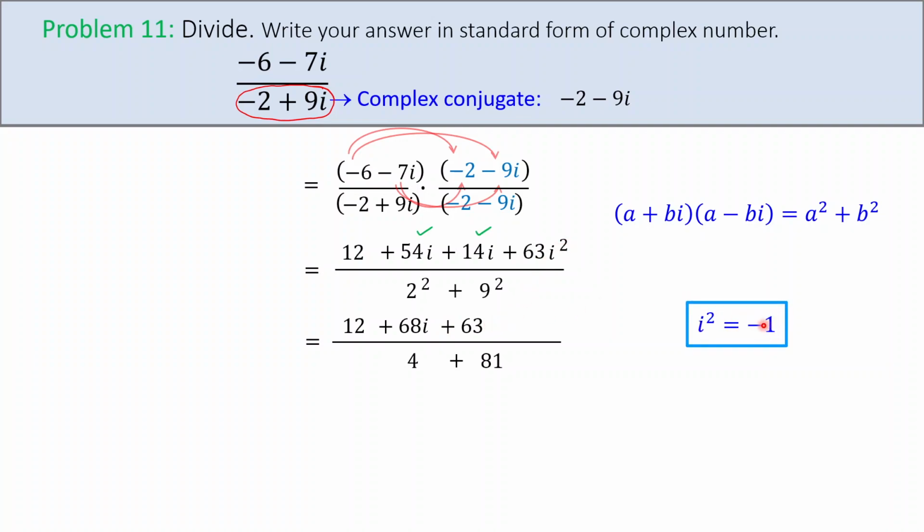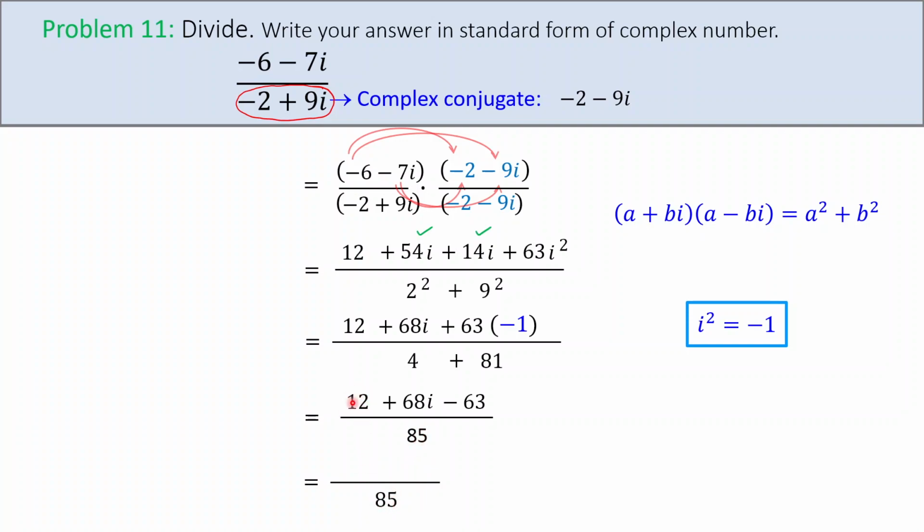So you need to put negative 1 for i squared, equal to 4 plus 81 is 85. Here you have 12 plus 68i. 63 times negative 1 is negative 63, equal to, now you can, so in the denominator you have 85.